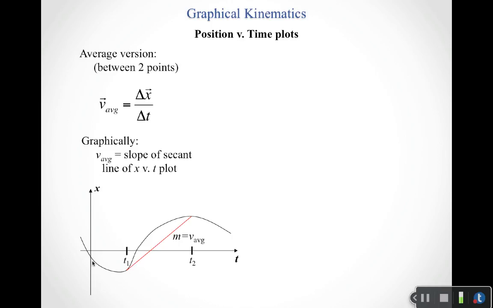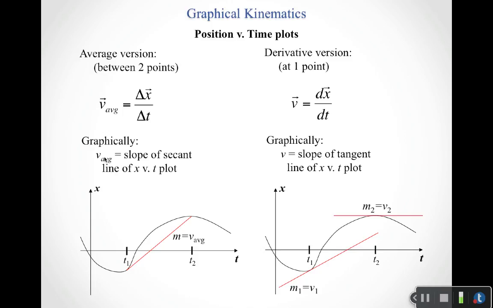Notice that the slope of the line connecting those 2 points, called the secant line, is the value of the average velocity.